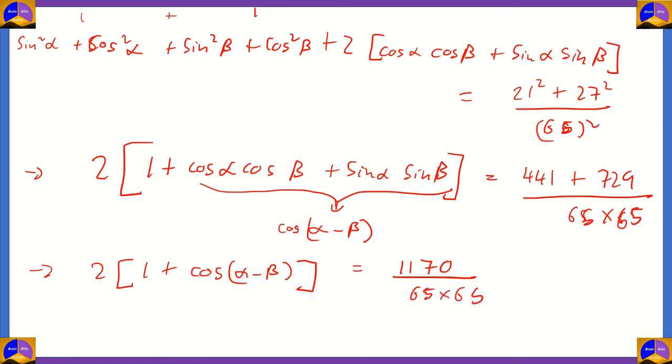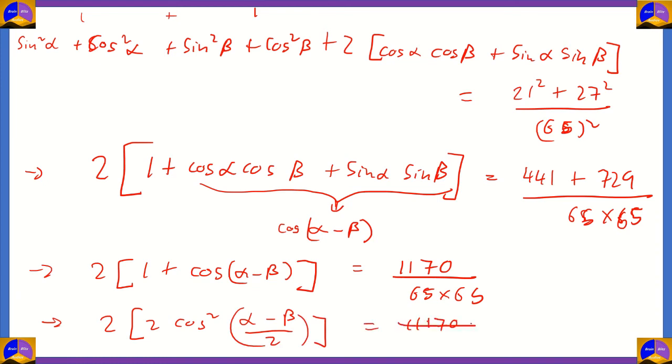Now 1 plus cos theta will be equal to 2 cos square theta by 2. So 2 cos squared alpha minus beta divided by 2. That is equal to 1170 divided by 65 into 65.